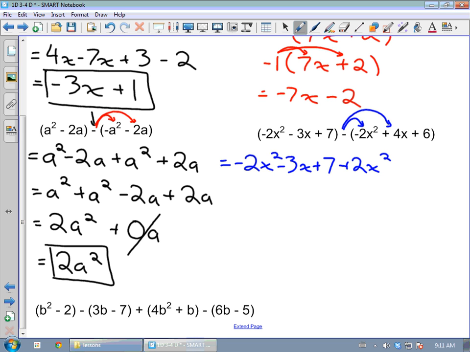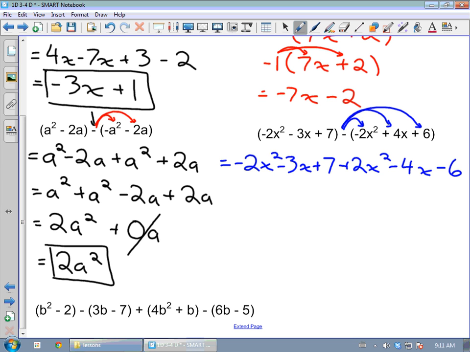What is that going to give me? Negative 4x. Then I'm going to do negative times positive 6. What is that going to give me? Negative 6. And now we're back to just identify our like terms and collect them together.